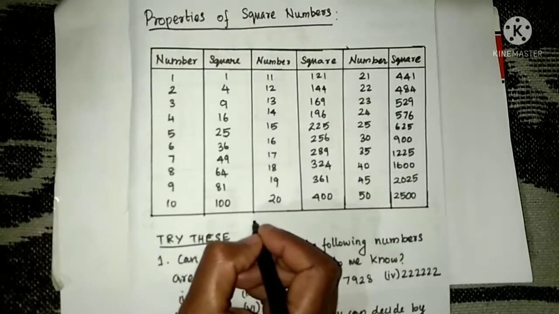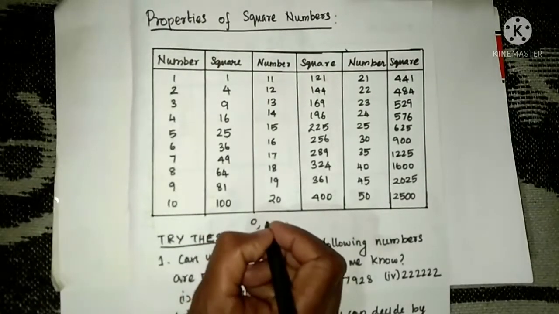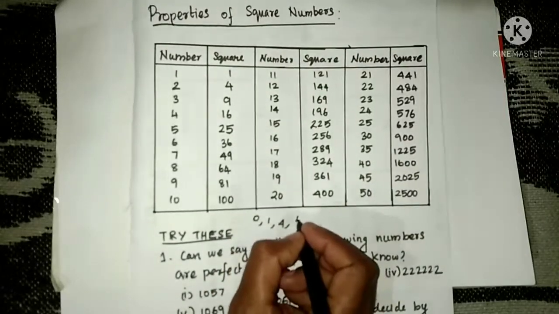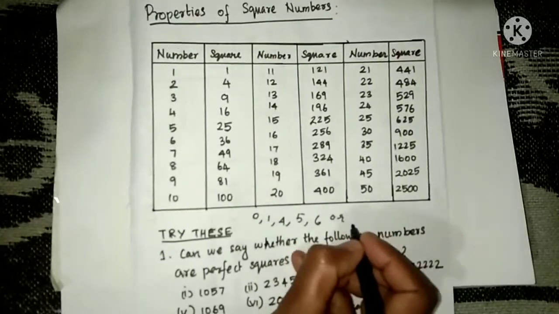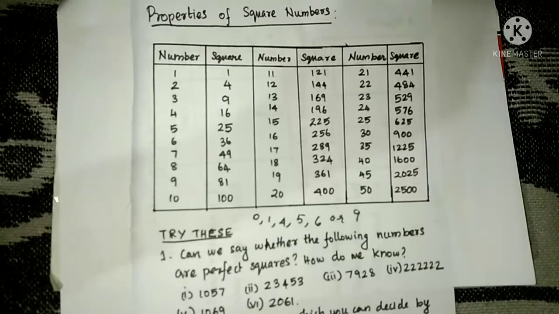The square numbers end with 0 or 1 or 4 or 5 or 6 or 9 at the units place. None of these ends with 2 or 3 or 7 or 8 at the units place.